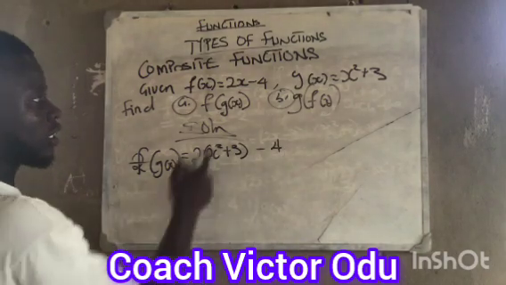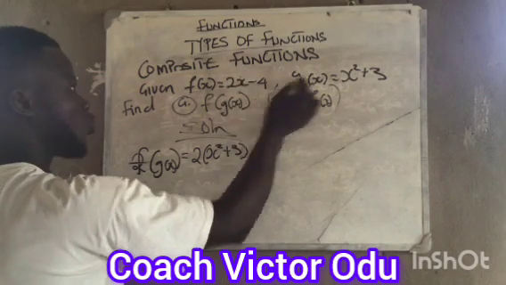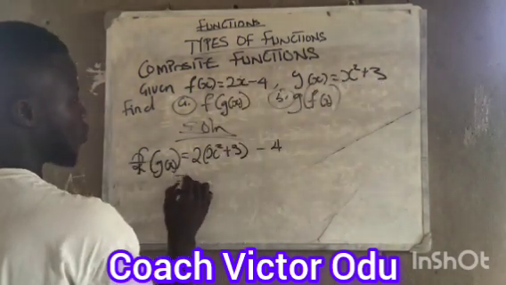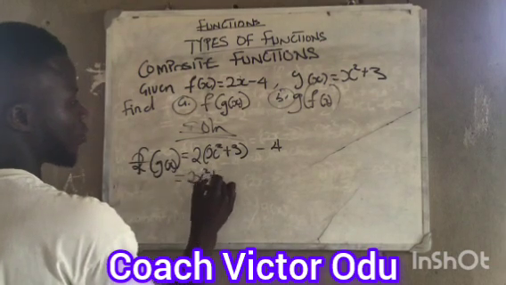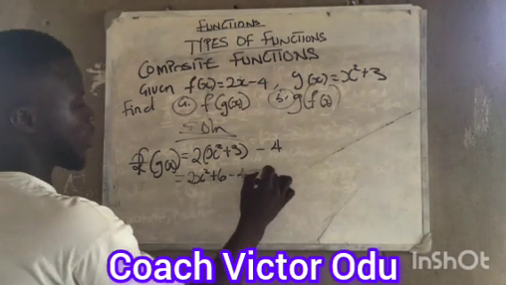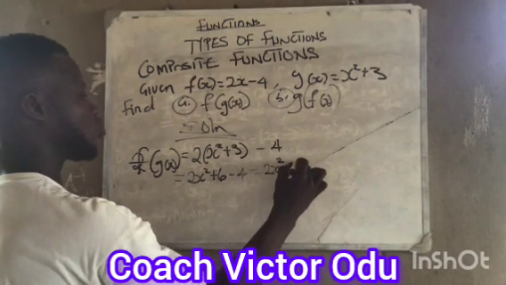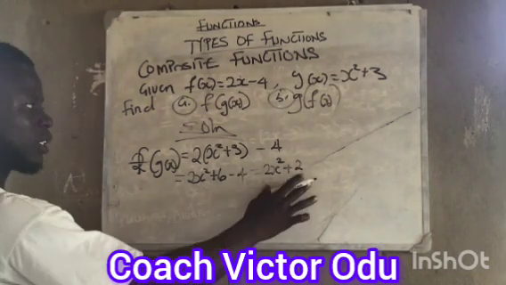This f into g of x means that anywhere there is x, you should put in whatever you have here. So that's what we did here. We now solve, we're going to be having 2x squared plus 6 minus 4. You now work this, you're going to be having 2x squared plus 2. Very simple, as simple as that.